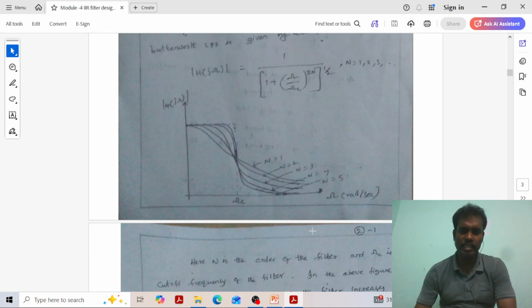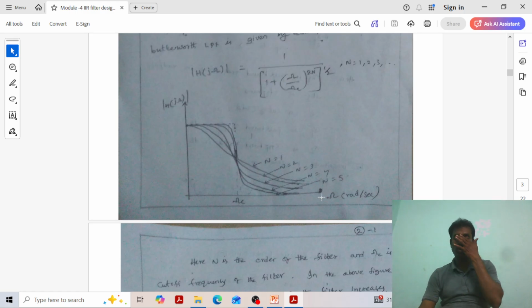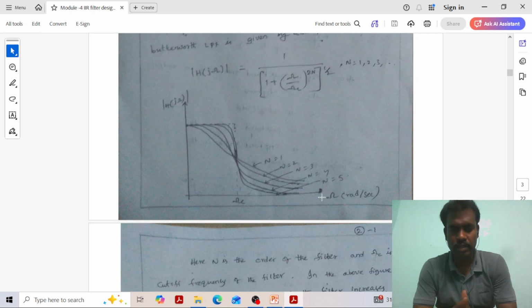Similarly, n equal to 5 is almost similar to the ideal transfer function. It stays completely high and approaches 0 in a sharp duration, that is, with a very short transition.